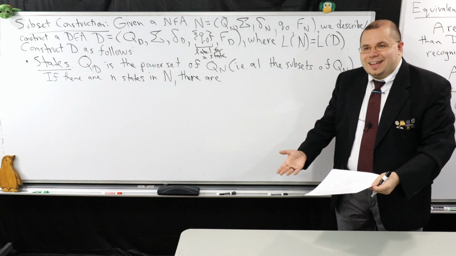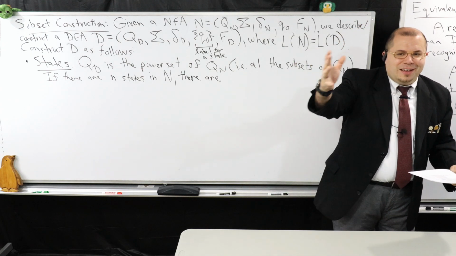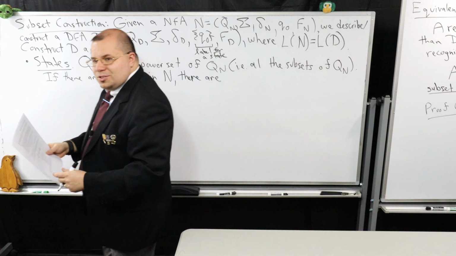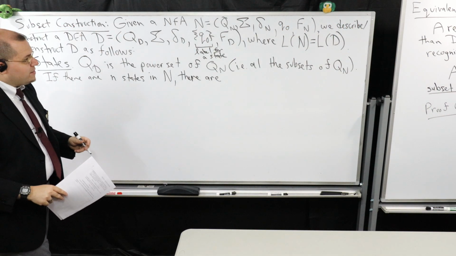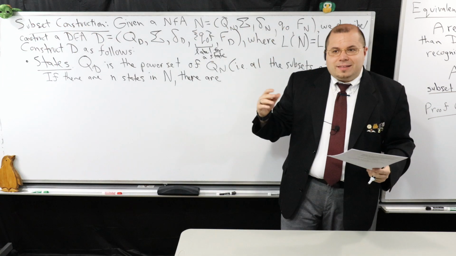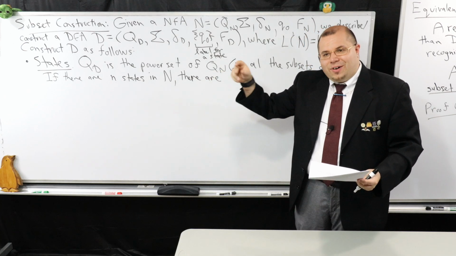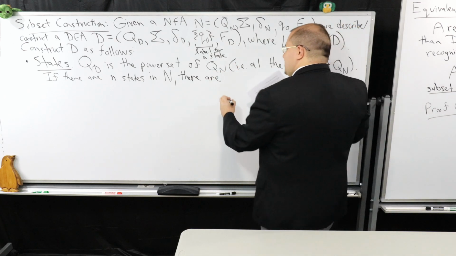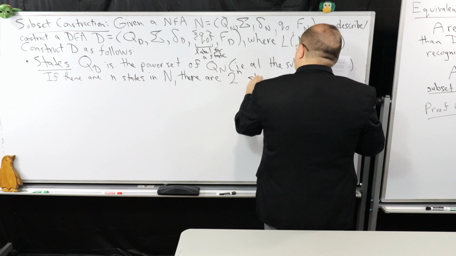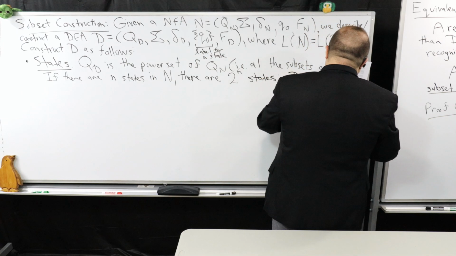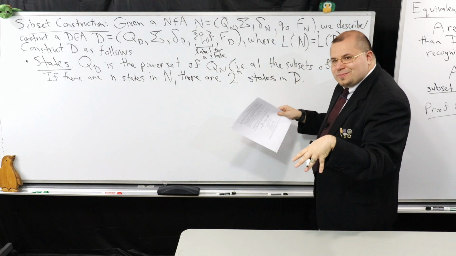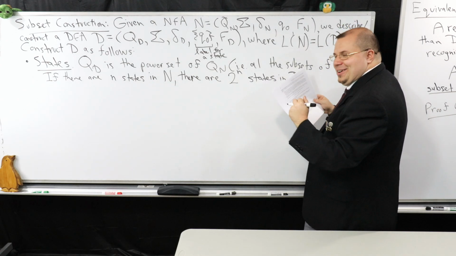So if I give you n states, how many states will there be when I look at D? 2 to the power of n. It's 2 to the power n because it's the power set of QN. And remember, that's the cardinality of the power set given a finite set with n elements. That's where it comes from. There are 2 to the power n states in D. This comes back to the idea somebody mentioned earlier in the class about exhaustive. This is where that intuition really pays off.